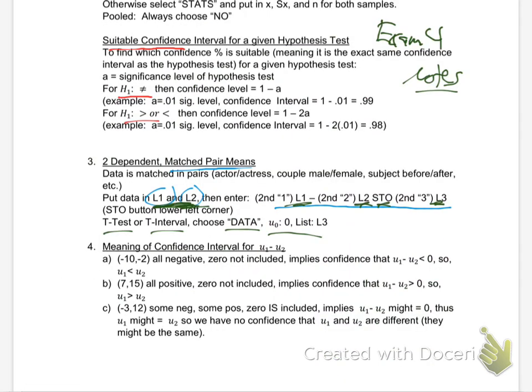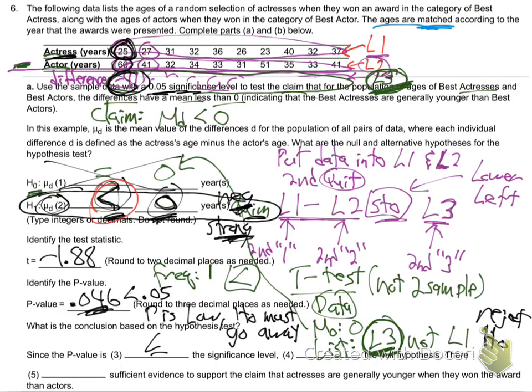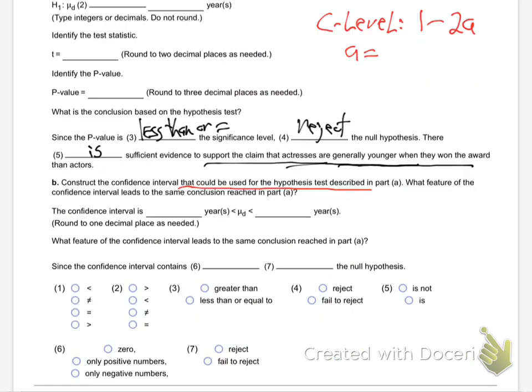So if you have an H1 that is less than or greater than, you do 1 minus 2a. The significance level a was 0.05.